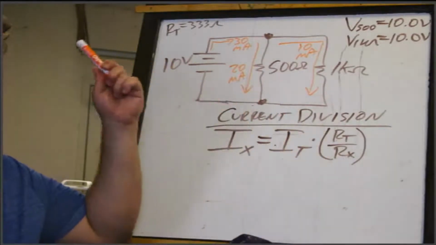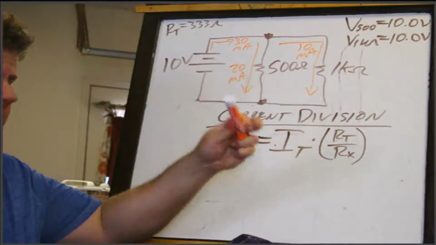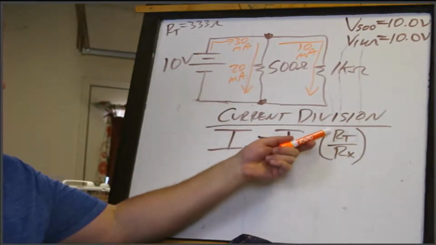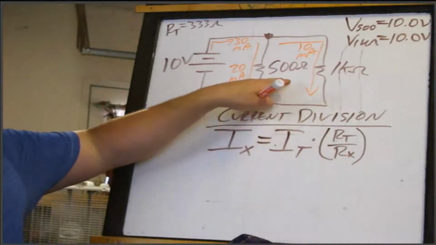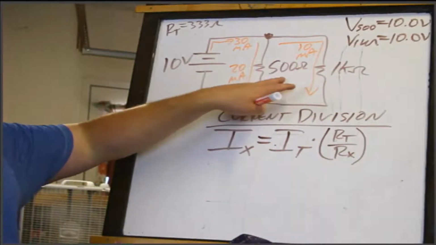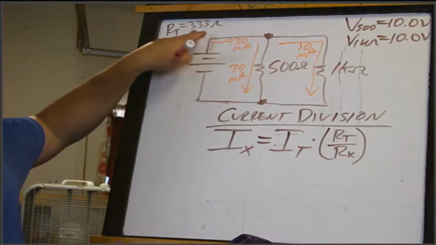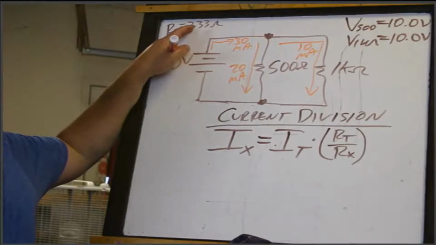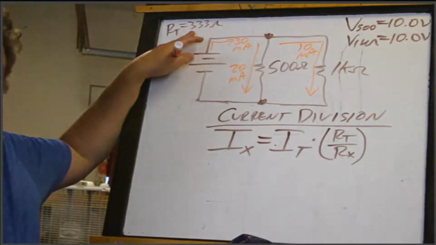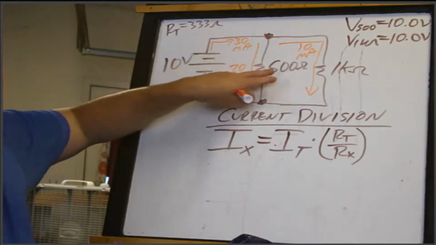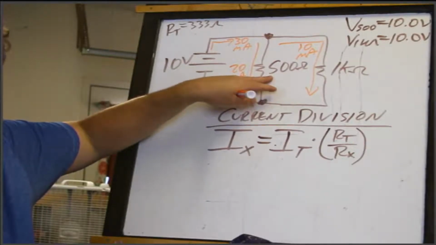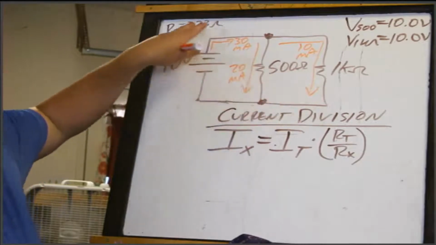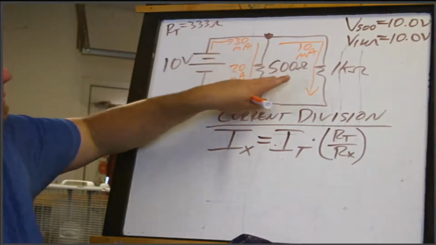And with voltage division, it is the individual resistance over the total. Because if you did it the other way around, you'll notice, we did 1,000 and 500. One of the things about parallel circuits is that the total circuit resistance is always going to be less than the smallest resistor. I didn't mention that, but that's the first check you should have. When you do your parallel combination, is this number smaller than your smallest resistor?